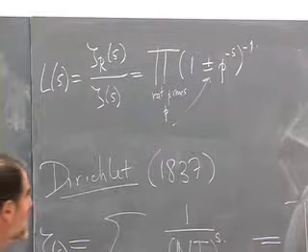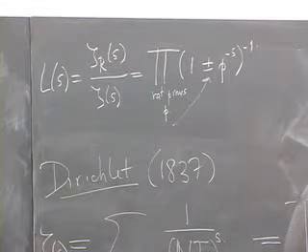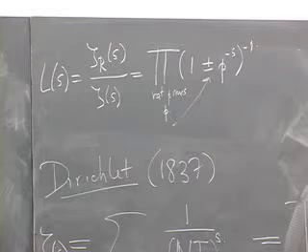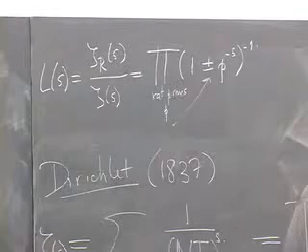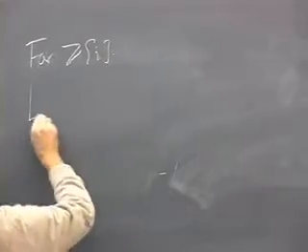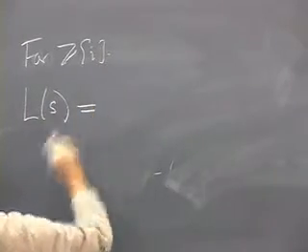Okay, now let's take a look and see what happens to that for the Gaussian numbers. Because there we've worked out everything, we can actually see what series we get. Well, for the Gaussian numbers, for Z of i, it turns out that this L of s looks like this.